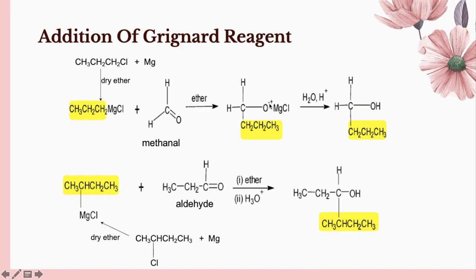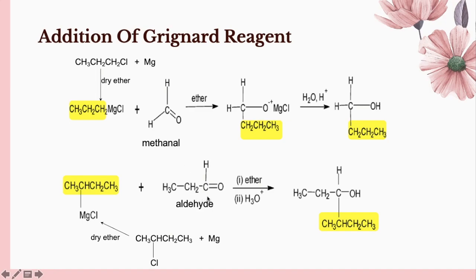That's why it is O-, and so the O- will bind with MgCl+. This is the product of methanal with Grignard reagent in ether, and then it reacts with H2O, H+, becoming primary alcohol. So the MgCl part is replaced with hydrogen, becoming primary alcohol. This is from methanal.